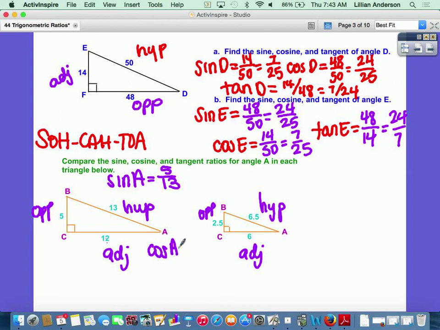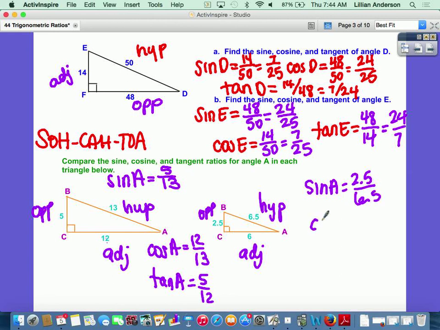The cosine of A should have been 12 over 13, and the tangent of A should have been 5 over 12. For this triangle, the sine of A was 2.5 over 6.5. The cosine of A was 6 over 6.5, and the tangent of A was 2.5 over 6.